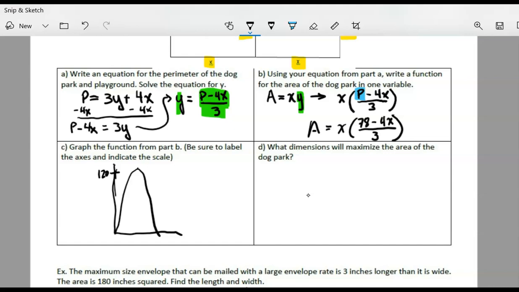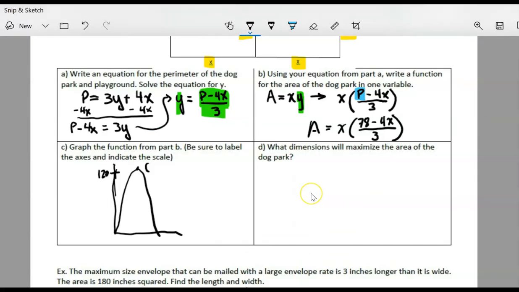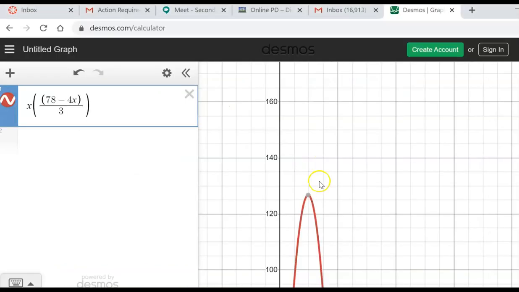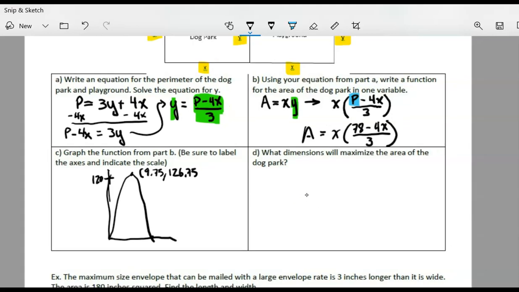So I'll put 120 here, and I'll put here at the point 9.75, 126.75. And then this point down here would be 19.5, 0.